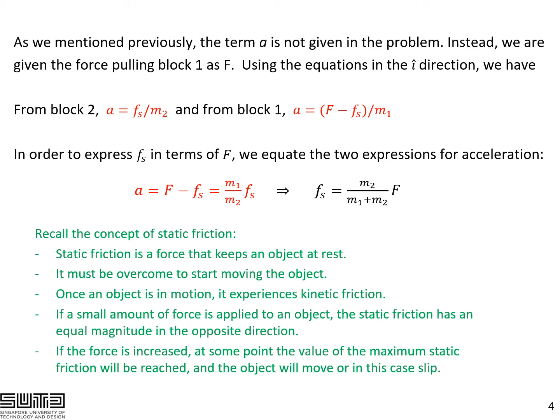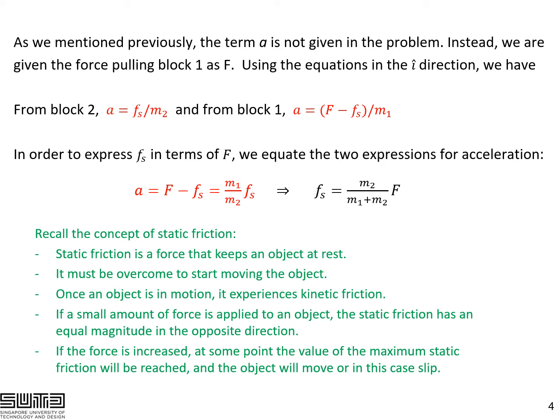At this time, we would like to recall the concept of static friction, shown in green. First, the static friction is a force that keeps an object at rest. It must be overcome in order to start moving an object. And once this object is in motion, it will then begin to experience kinetic friction.